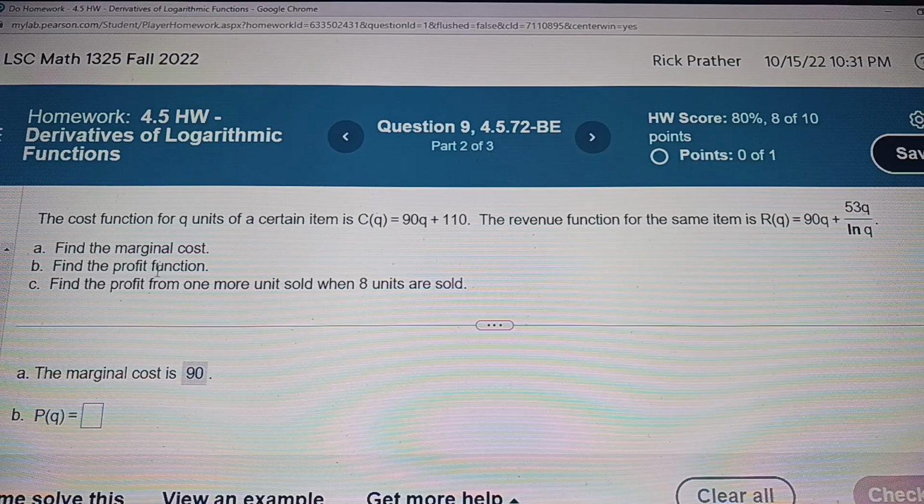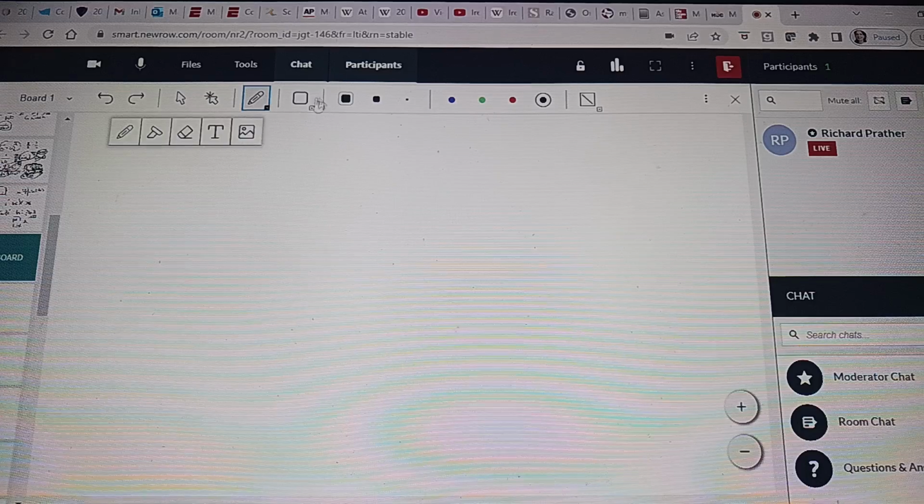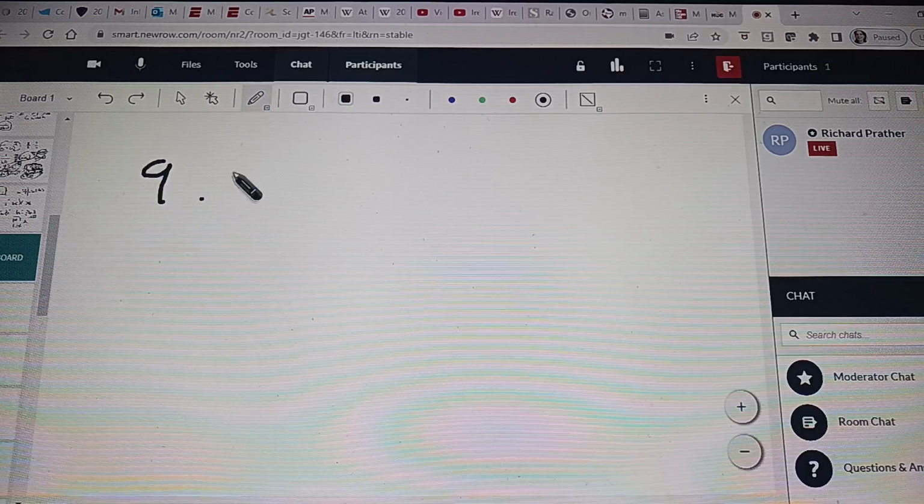Okay, profit. Another thing businesses care about is profit. Profit is how much money you take in, revenue, minus how much it costs you to do everything. So a profit function on number 9, part B; part A was easy.